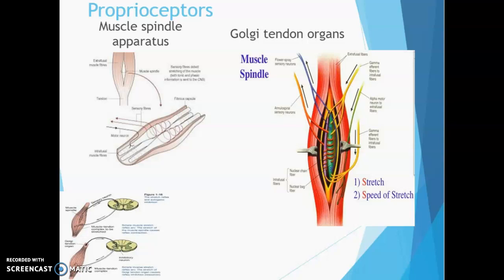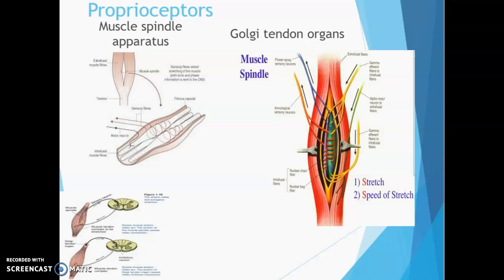Now moving on to the Golgi tendon organs. It's basically the opposite of the muscle spindle. It is a proprioceptive sensory receptor organ that senses a change in muscle tension.